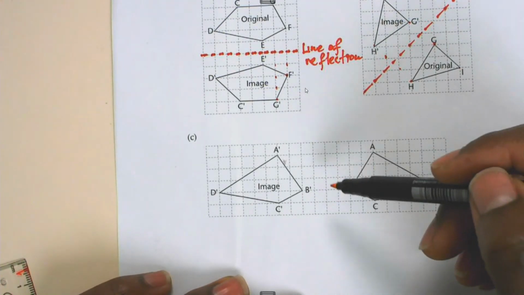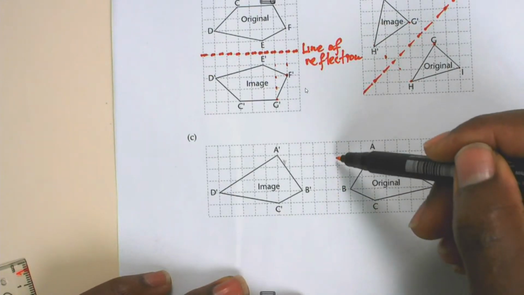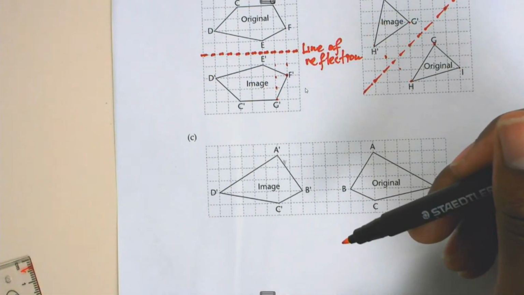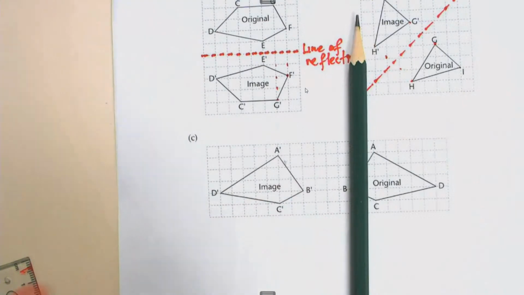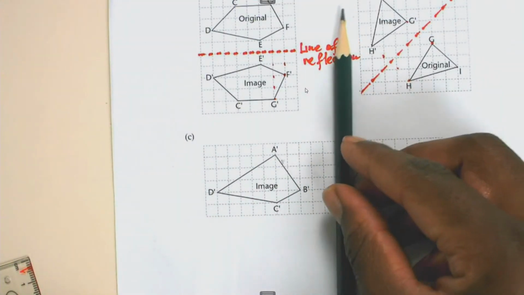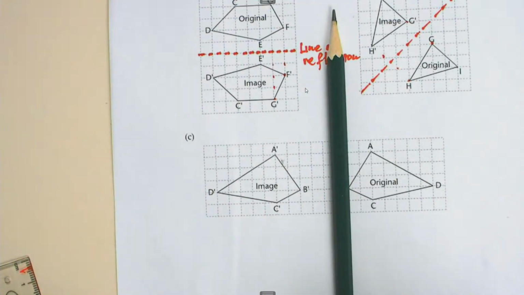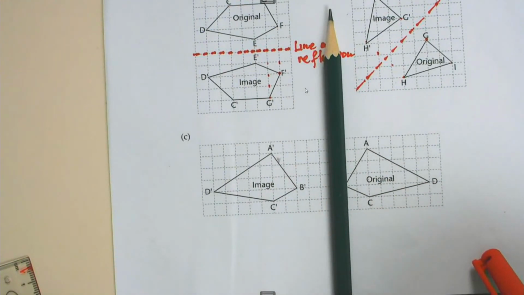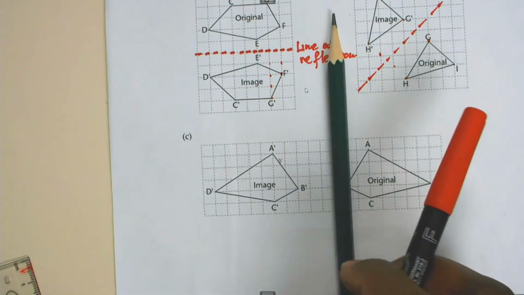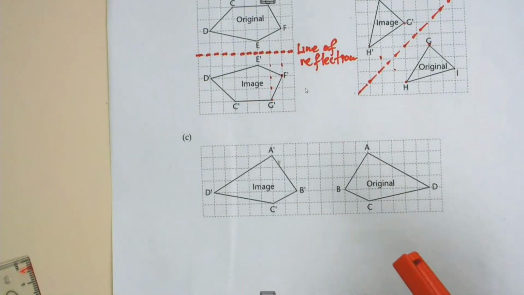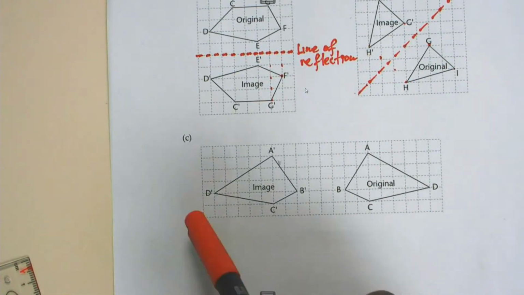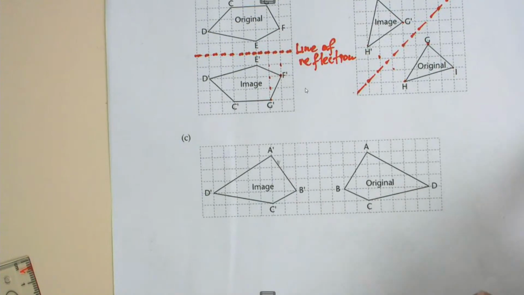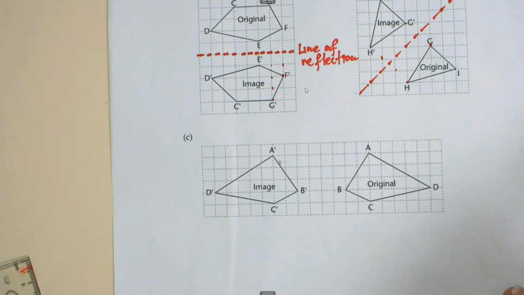For example, if we put our line of reflection on this line, will the points be the same distance from the line of reflection? No, it won't. So we need to check the line of symmetry of the shape first.